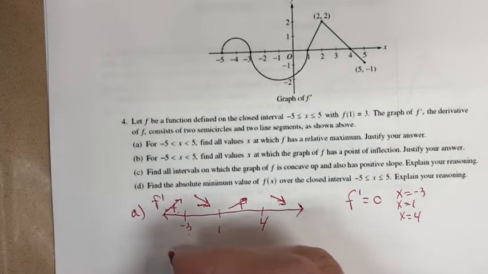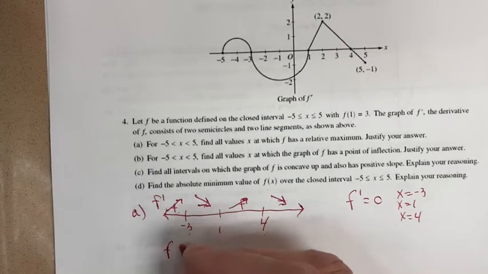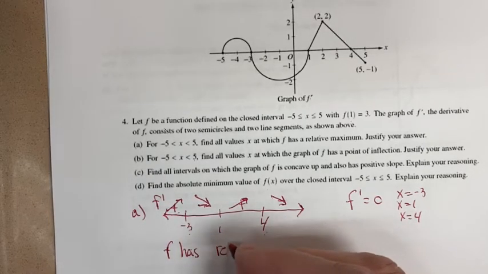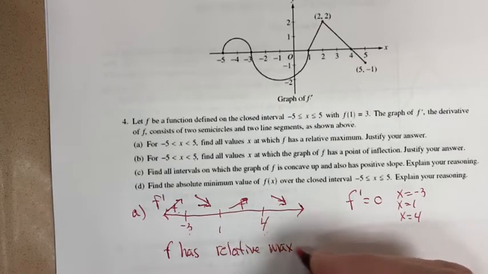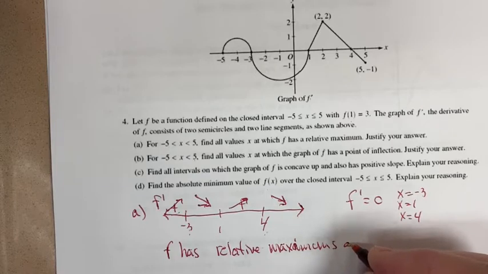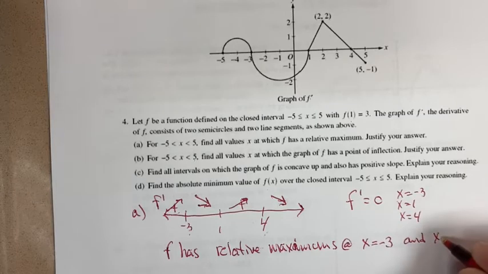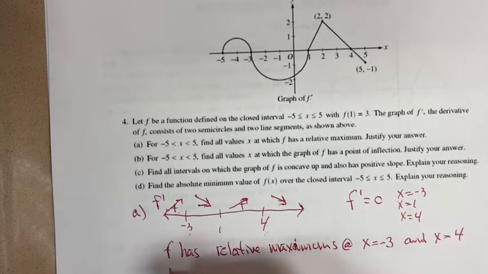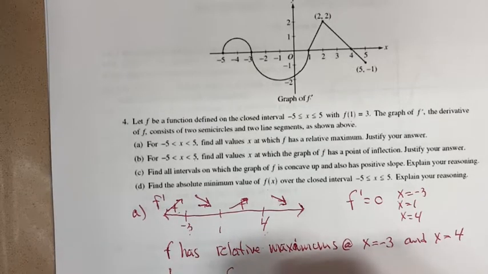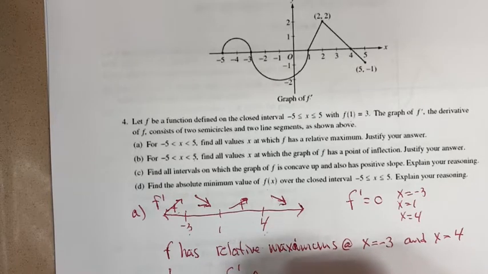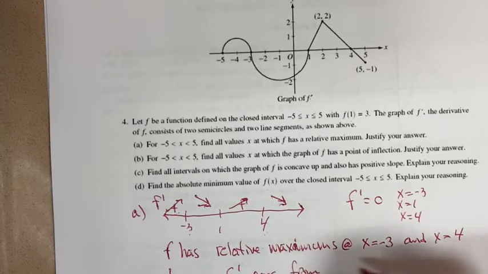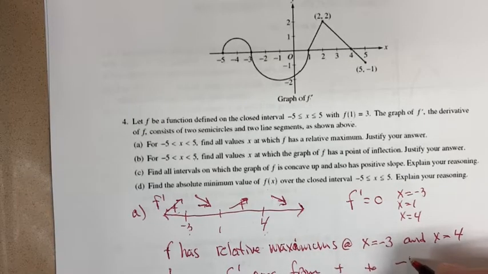And f has relative maximums at x equals -3 and x equals 4, because f prime goes from positive to negative.